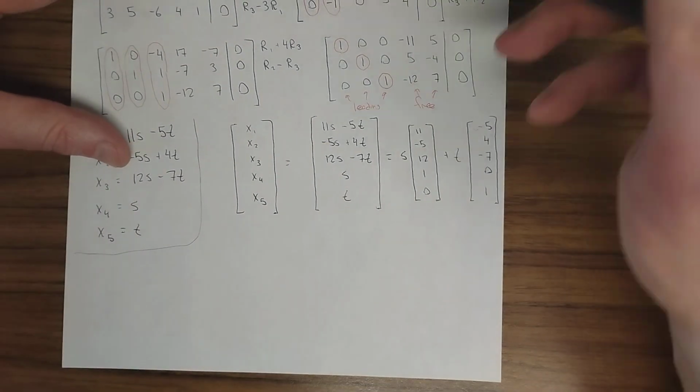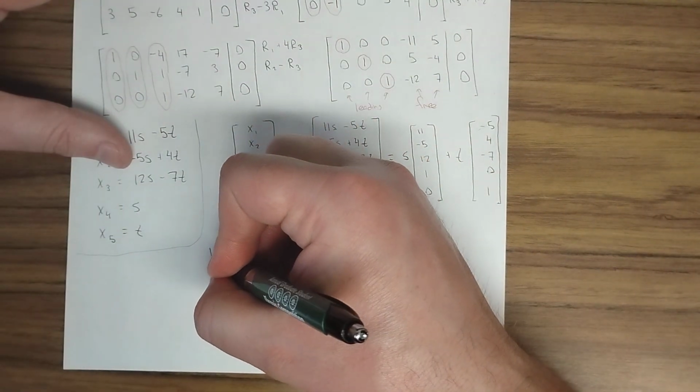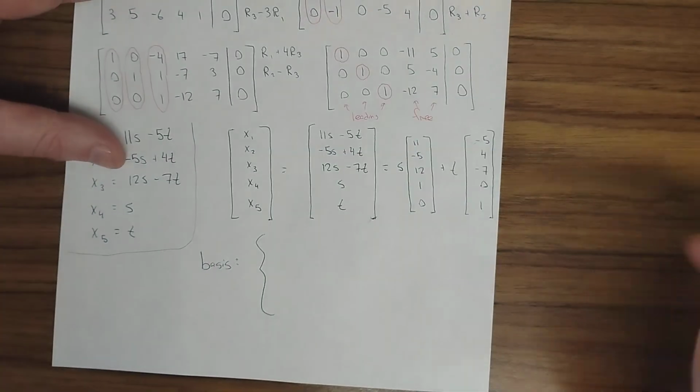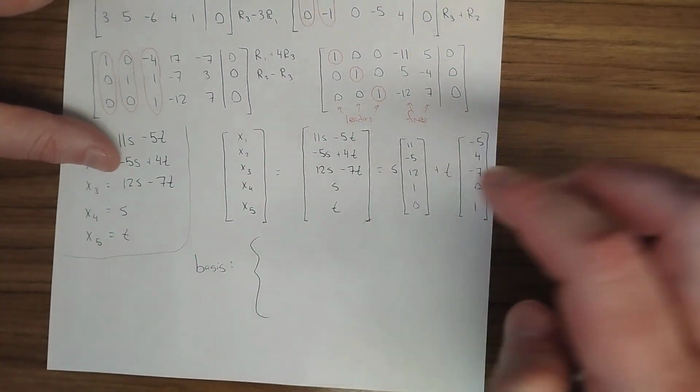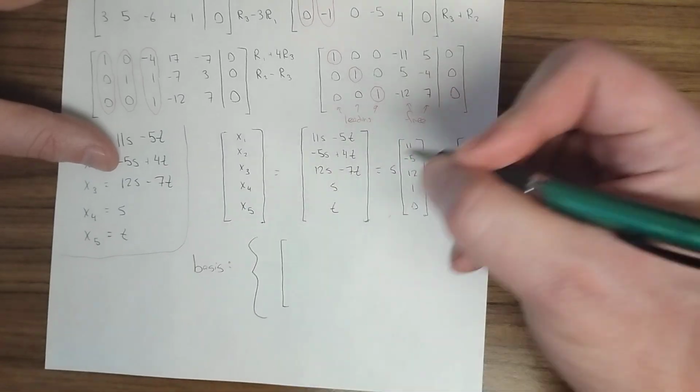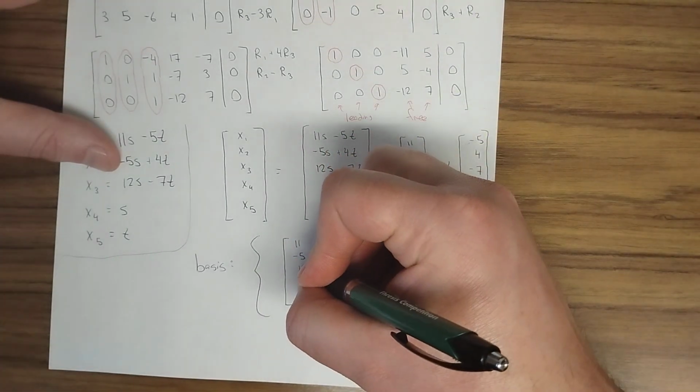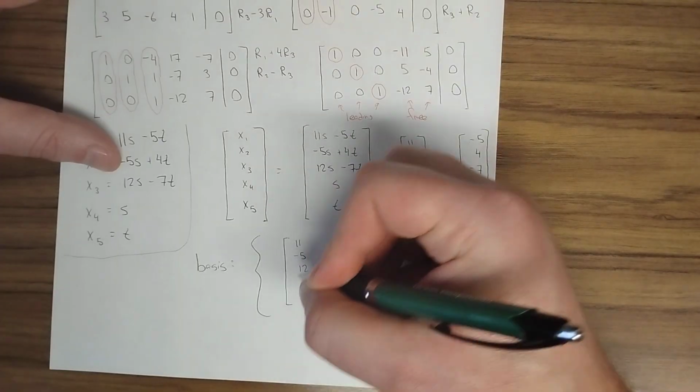I'm going to justify this answer a little bit more, but my basis is just this vector and this vector. And I'm only really going to justify this because this is our first time doing this.